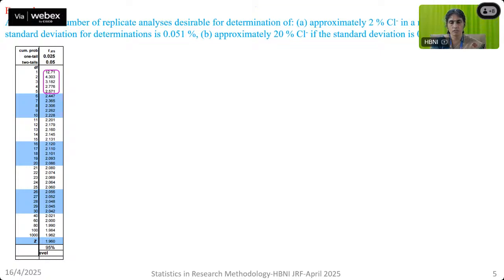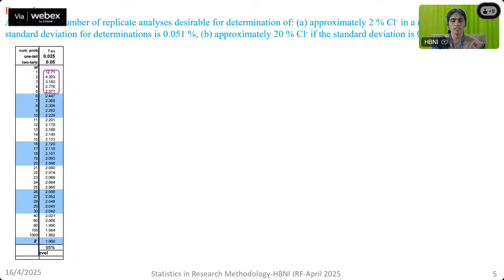Unless stated explicitly, we have to take the 95% confidence level, that is 5% significance level. But what we have to see is that we are trying to increase the number of replicate analyses. So starting from 2, 3, 4, 5, 6, in the T distribution function also, we had seen what happens to the trend in the T value as the degrees of freedom increases.